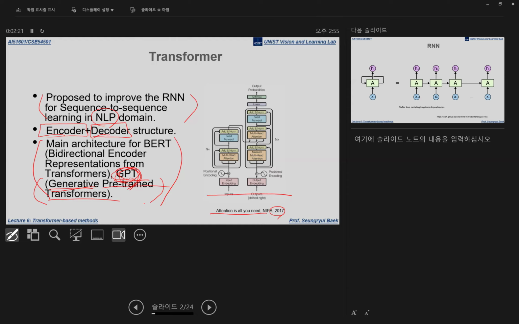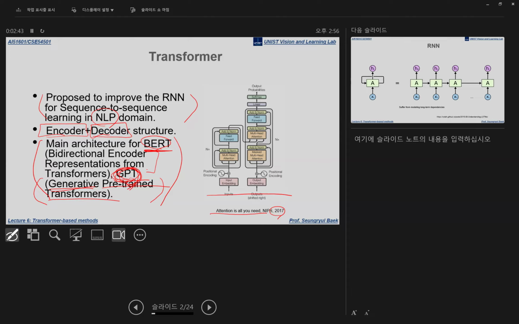Okay, and also before GPT, there were lots of foundation models in the NLP domain, and one of the competitors of GPT was the BERT algorithm, and they are also using the transformer as the core algorithm.